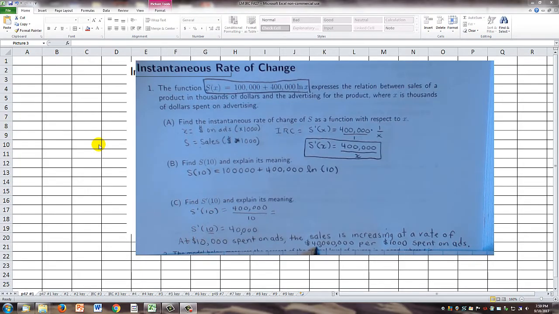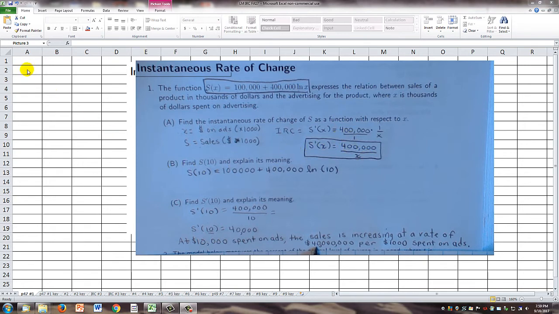Okay, so for number 1, I have my original function, and it is giving me, when I know X, the money spent on ads, times 1,000, then I'll know the sales times 1,000. And I also have my derivative, which gives me my instantaneous rate of change.